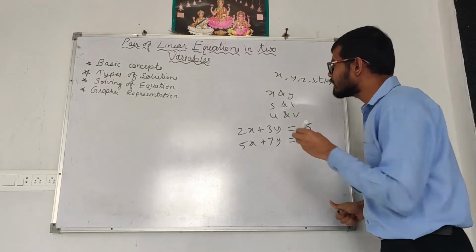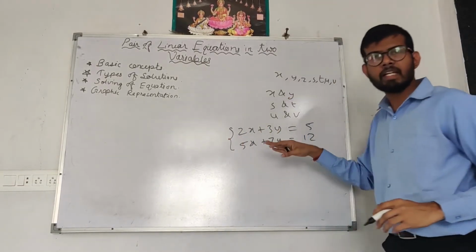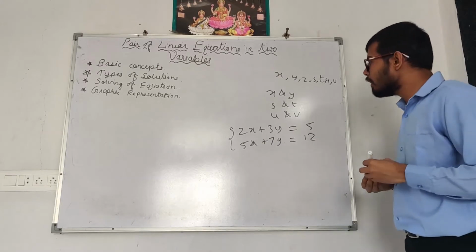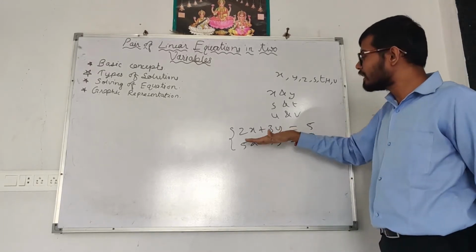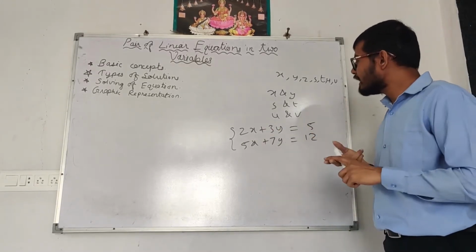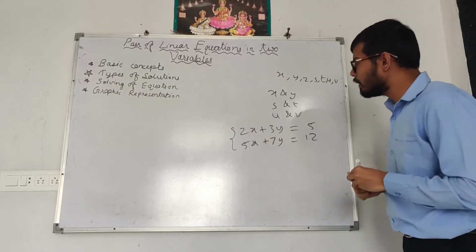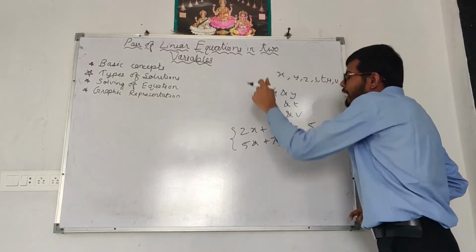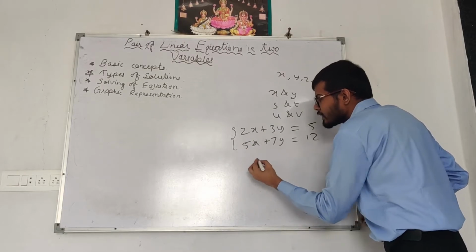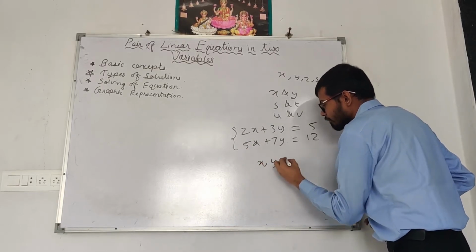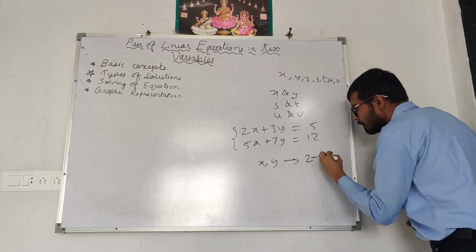So, these are considered as a pair of linear equations in two variables. Now, how do we identify that this is a pair? To identify a pair, both should have two variables, such as x and y. So, first is two variables.